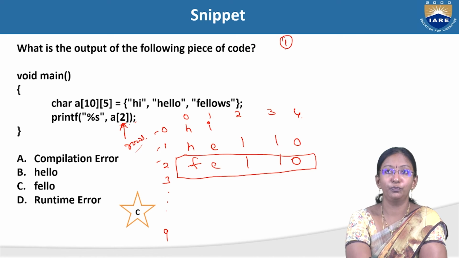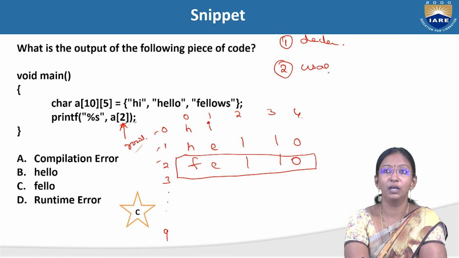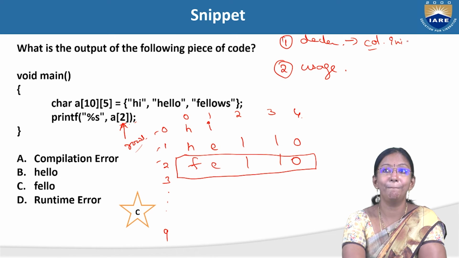So 2 points you have to keep in mind, guys. First one, at the time of declaration and at the time of usage. At the time of declaration, column initialization is mandatory. Why?